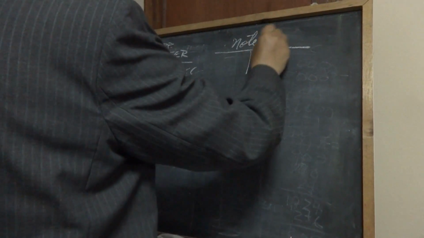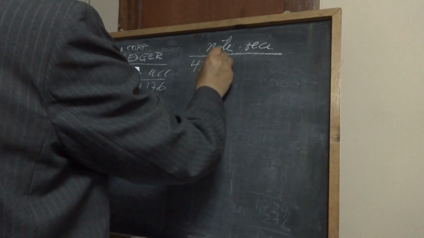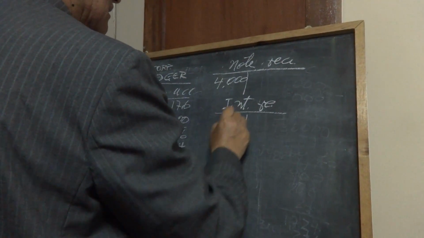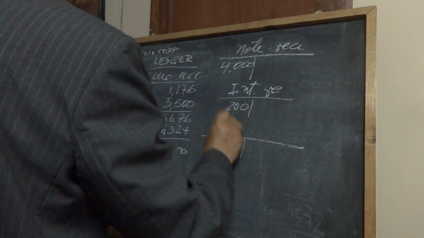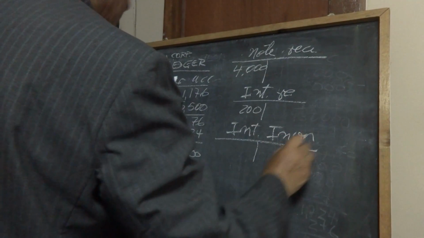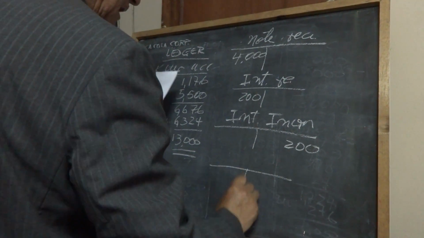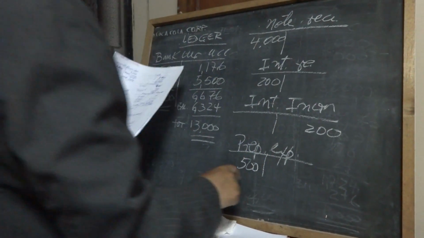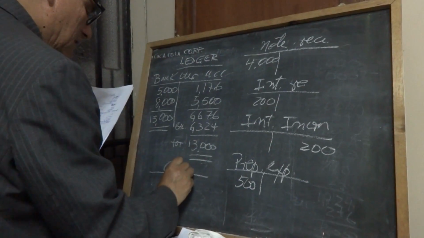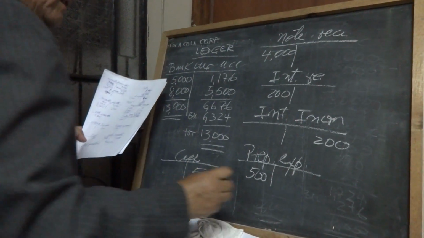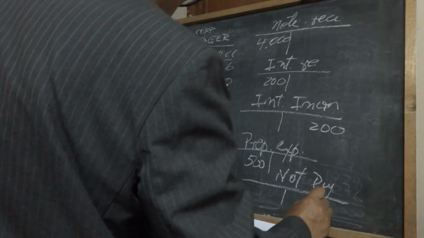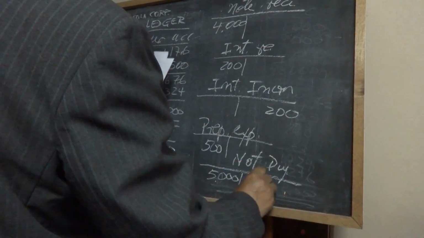Then we have the account notes receivable for $4,000, interest receivable for $200 on debit, interest income for $200 on credit, prepaid expenses for $500 on debit, cash for $500 on credit, notes payable for $5,000 on debit and $5,000 on credit.